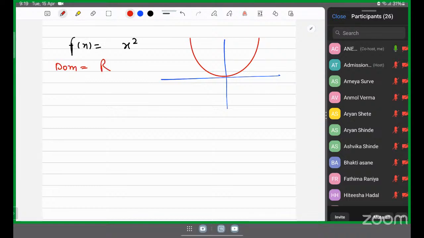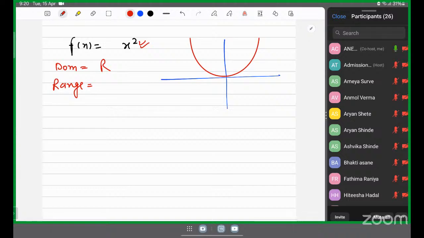What is its range? Because it is squared, and if a variable quantity is squared, it cannot be negative. So x square is never going to be negative. Again, the graph is showing the same behavior. The graph is above the x-axis, which indicates that it cannot be negative.